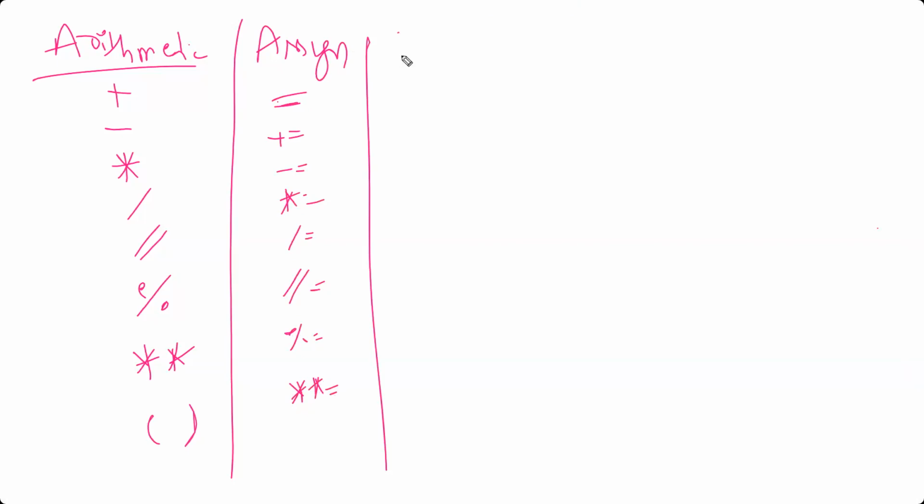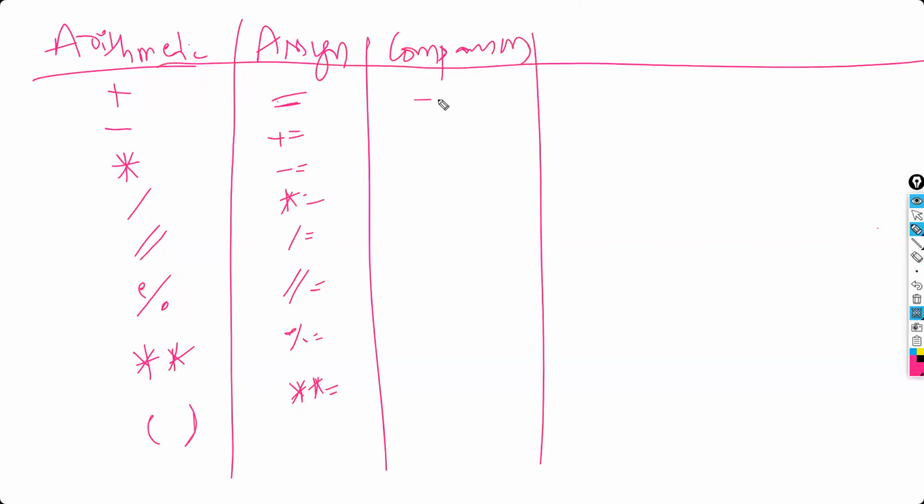Next, we have the comparison operators. Comparison operators have double equal to, not equal to, greater than, less than, greater than or equal to, less than or equal to. All this comes under comparison operators.